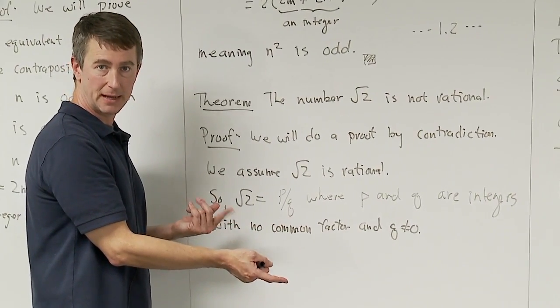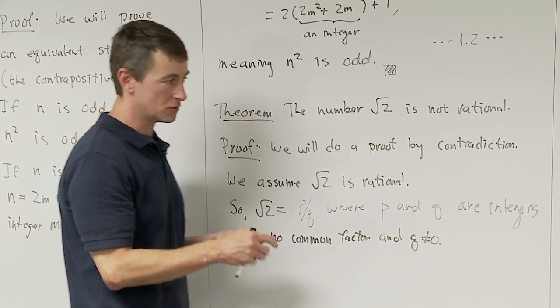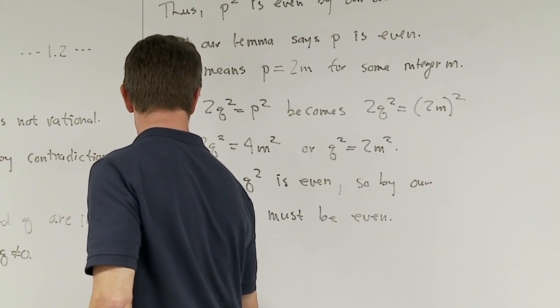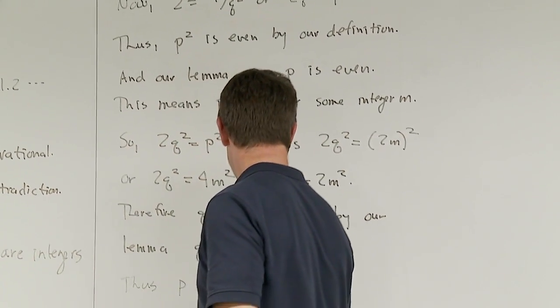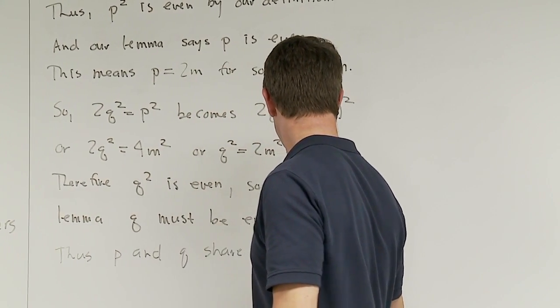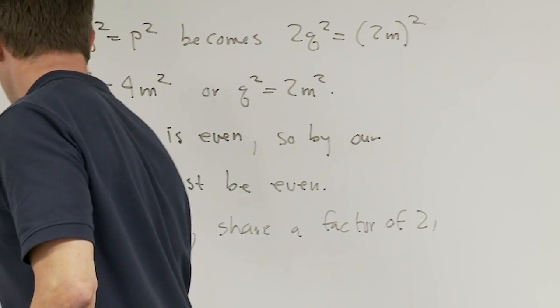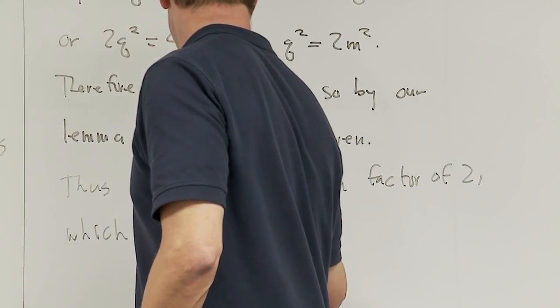But if we've just proved that p and q are both even, they have a factor of what? 2. So thus p and q share a factor of 2, which contradicts our initial assumption.